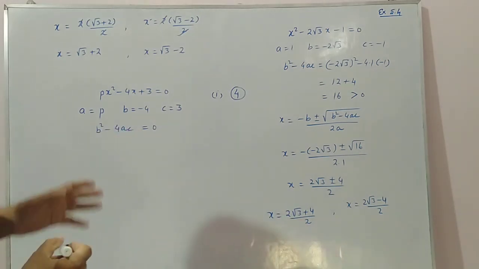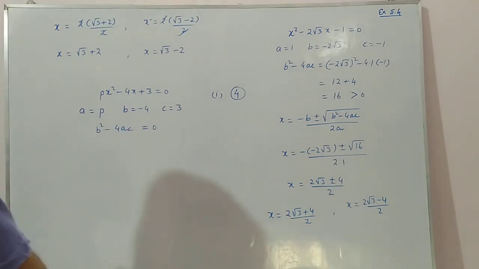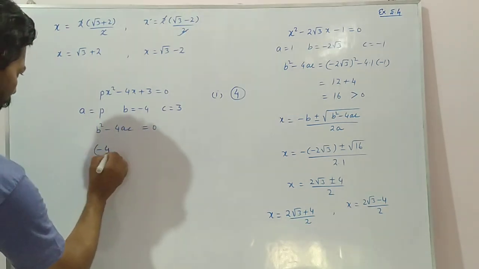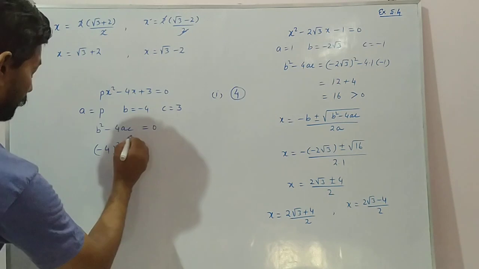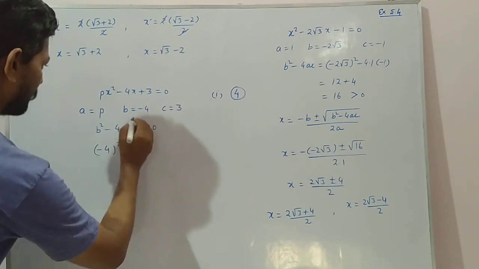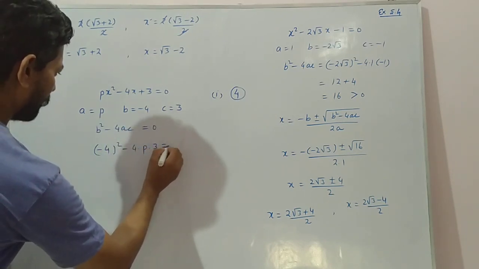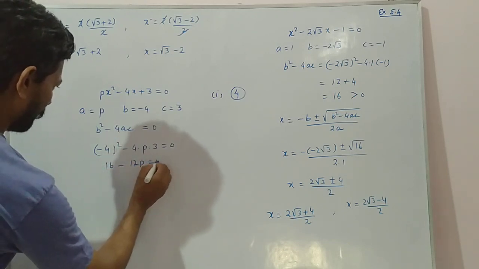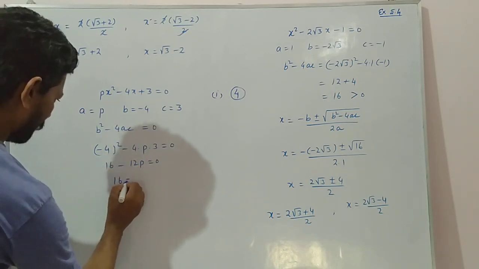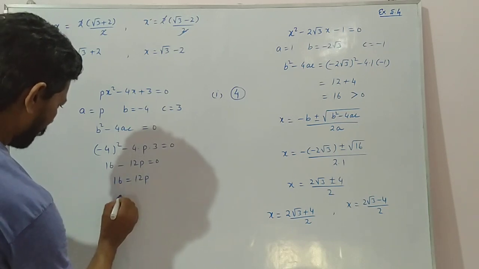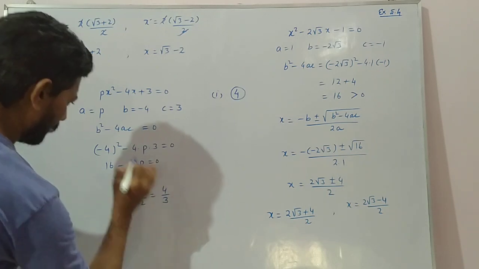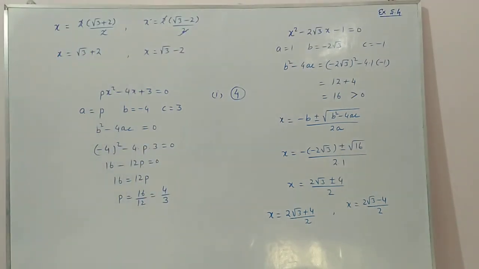So b square, that is minus 4 the whole square, minus 4 into a, that is p, into c, that is 3, equal to 0. 16 minus 12p equal to 0. 16 equal to 12p. P equal to 16 by 12, that is 4 by 3. Okay. Next.